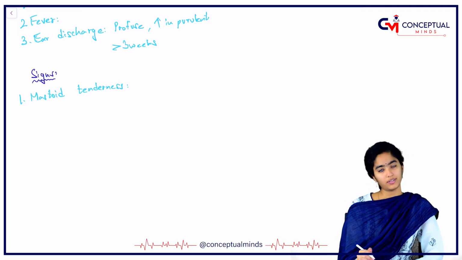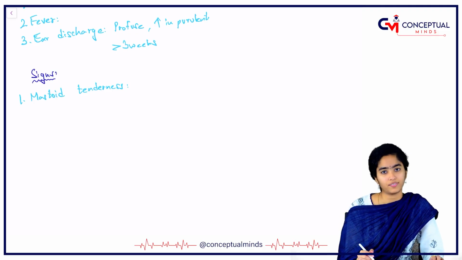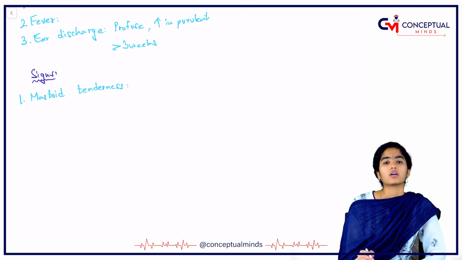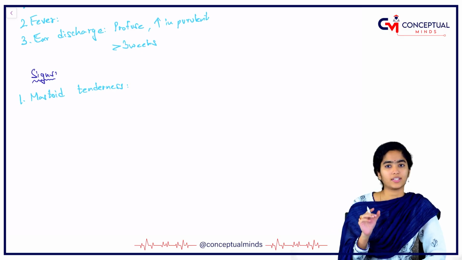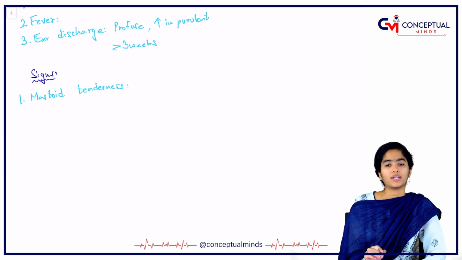If you press upon here, there is tenderness, and this is a very, very important sign. So, tenderness is elicited by pressing on the center of the mastoid process or at the tip of the mastoid process or even at the root of zygoma.